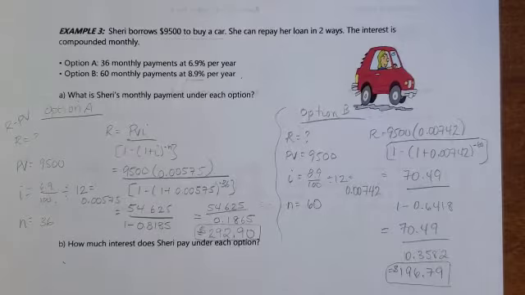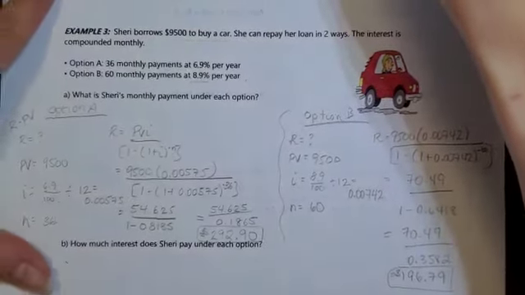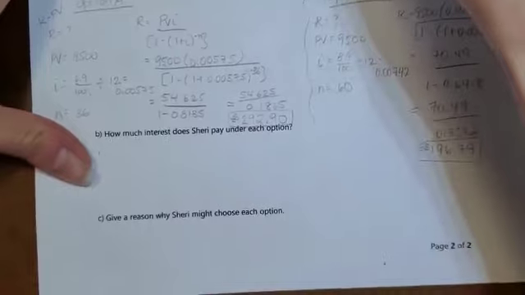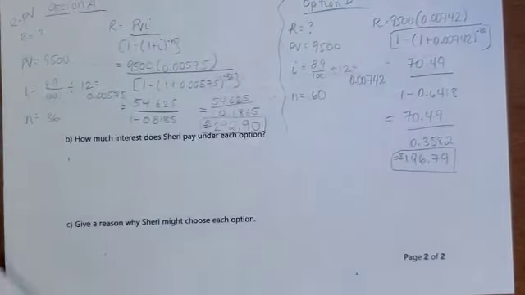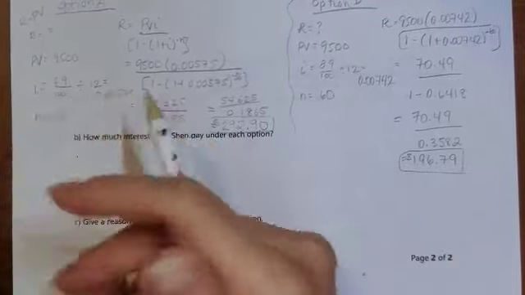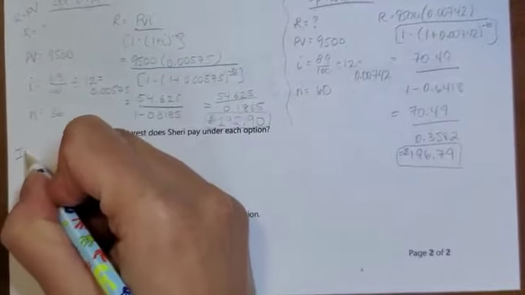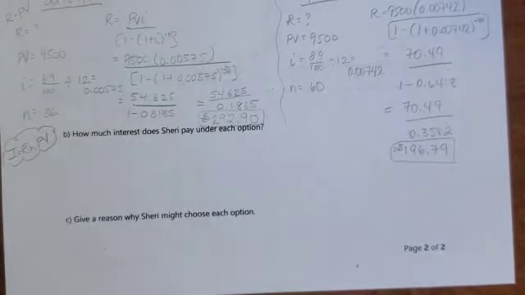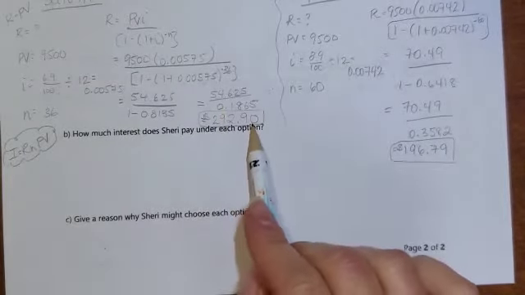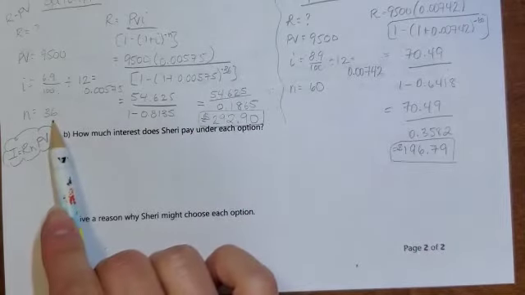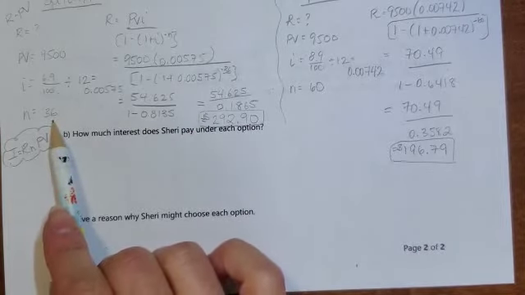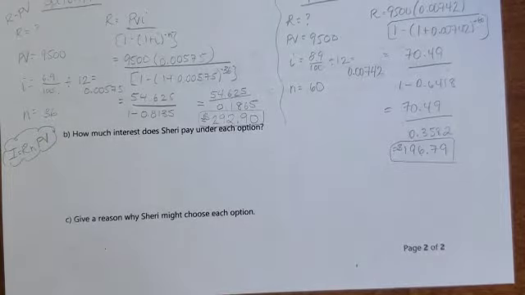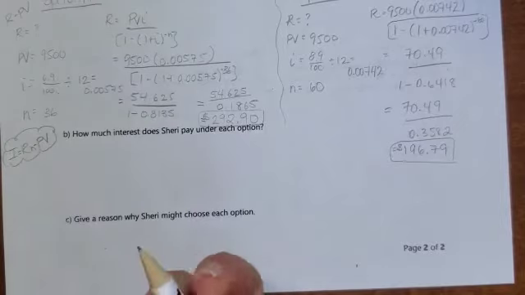So how much interest does Sherry pay under each option? So that's part B. So knowing our interest formula, it's essentially multiplying our monthly payments by the number of compounding periods, and that would be our overall amount that she would have borrowed plus her interest, and then we'd have to subtract it by our initial amount borrowed.